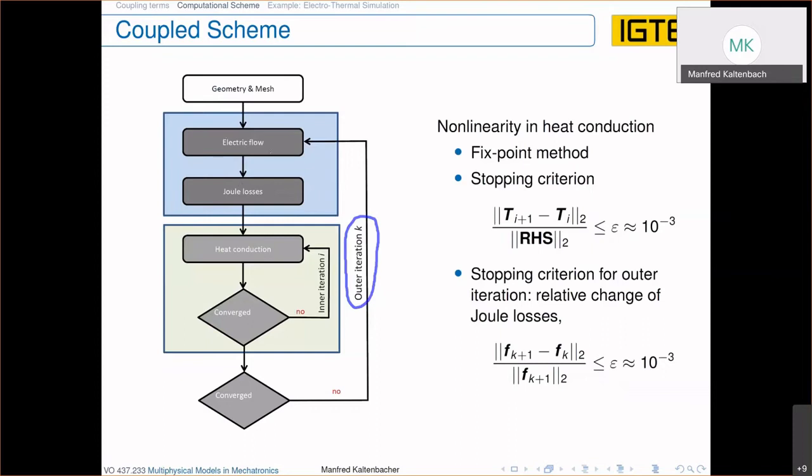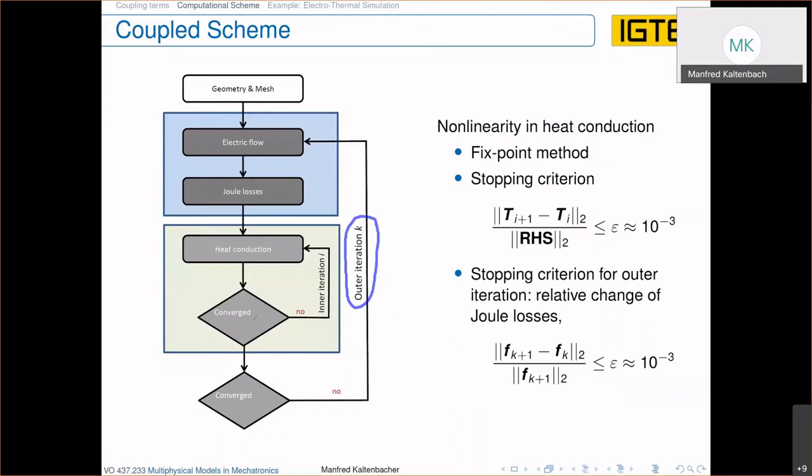Then we get the solution in form of our scalar electric potential, can obtain and compute the Joule's losses, and therefore when we go over to the heat conduction problem, the right hand side, the heating term for the heat conduction partial differential equation is a known term.